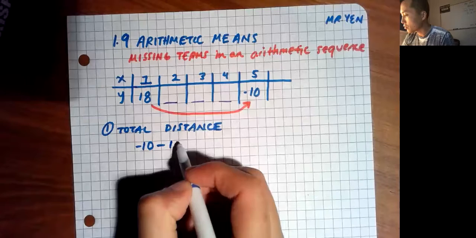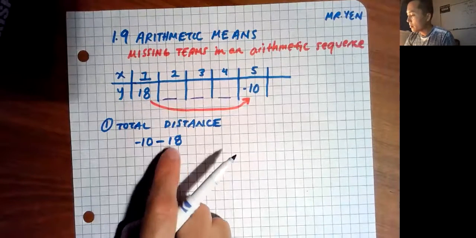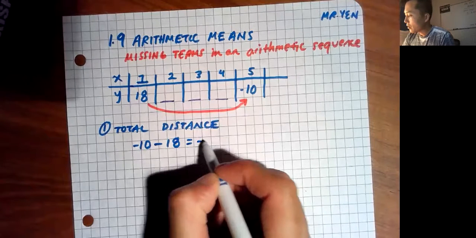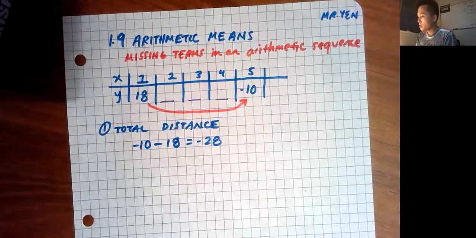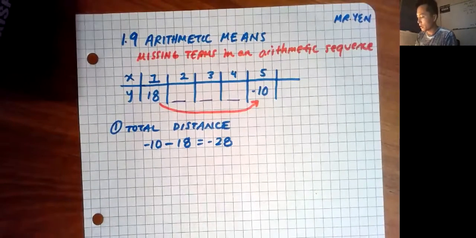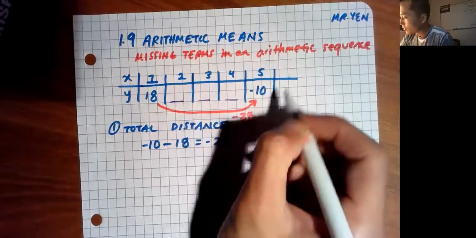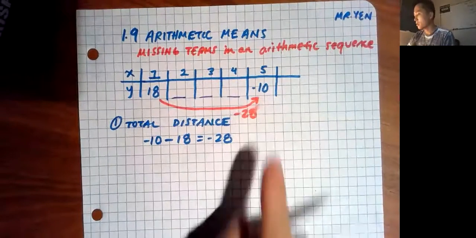Negative 10 minus 18 is negative 28. So the total distance between 18 and negative 10 is negative 28. That's how much we're traveling to go that far.